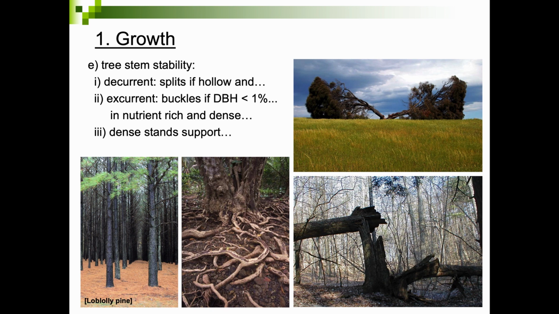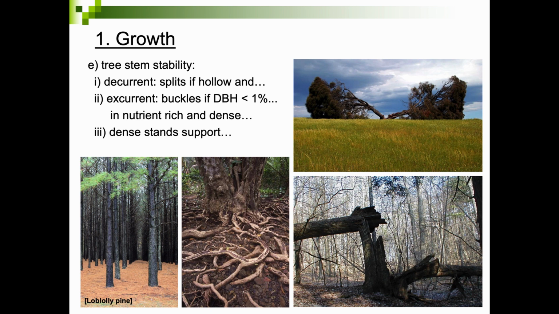Those branches, wide-ranging branches, have weighed down the tree. And you will notice that this is, again, an open habitat. So in an open habitat, there's going to be more wind, and especially with an individual with a decurrent form, wind is going to decrease that stem stability.